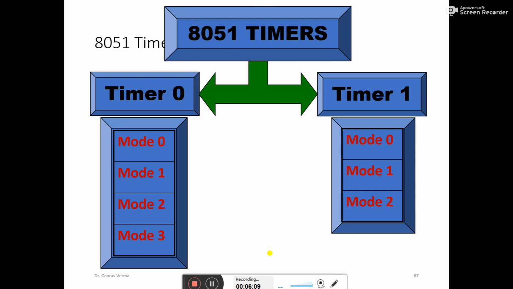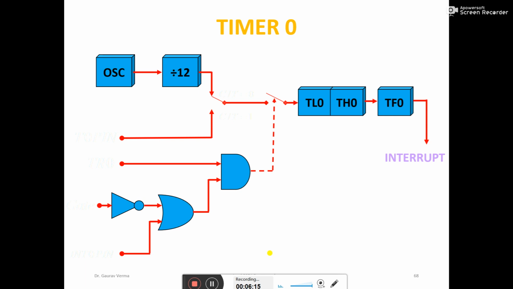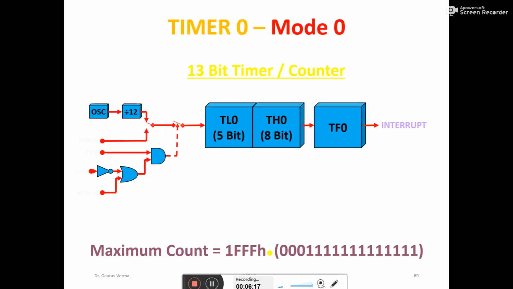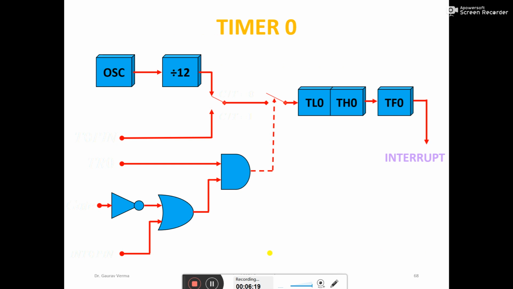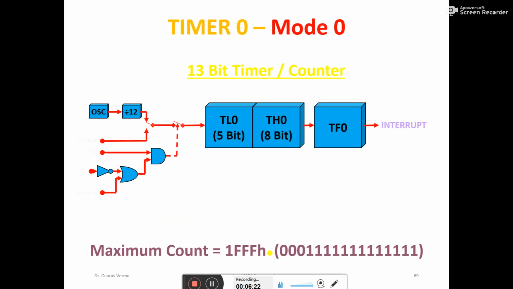So these are the 8051 timers. Timer 0 has all the modes. Timer 1 has only 3 modes. This is timer 0 working, which we have already discussed.